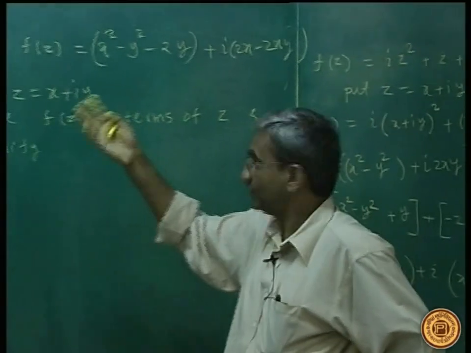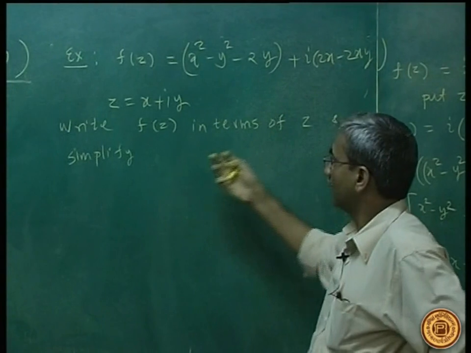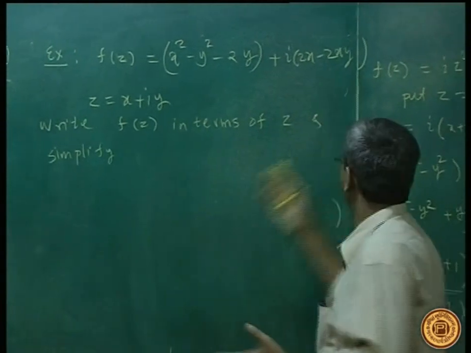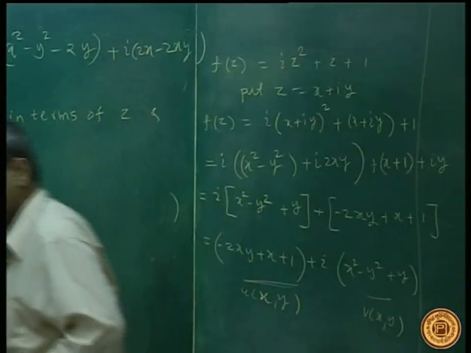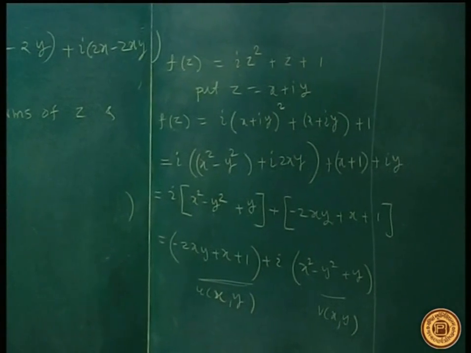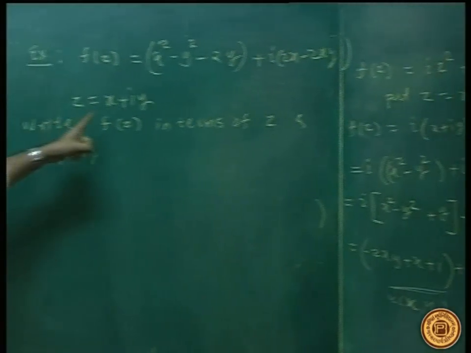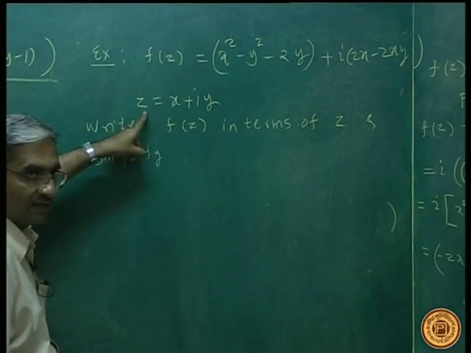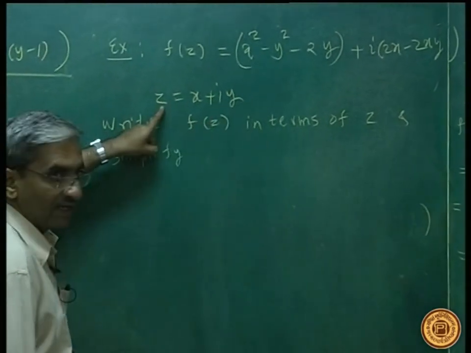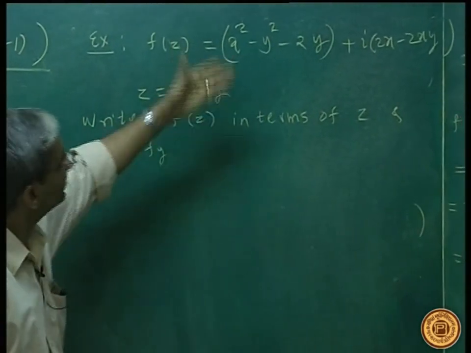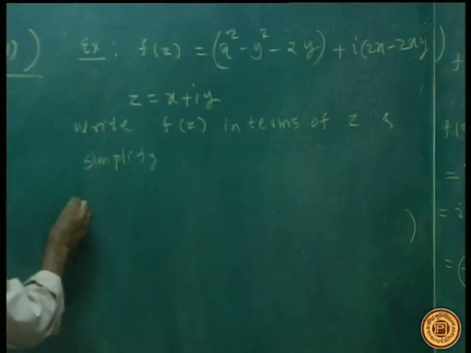Now the other way around, this is given. How will you find f(z)? That is some expression in z you want to find. What is x in terms of z and what is y in terms of z? If you understand that, then you can substitute.